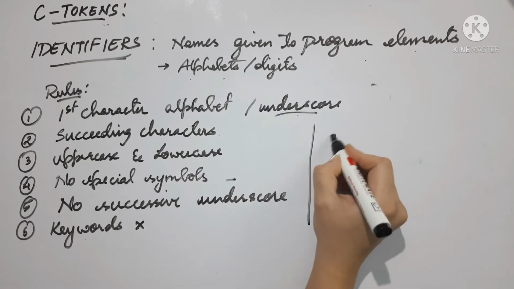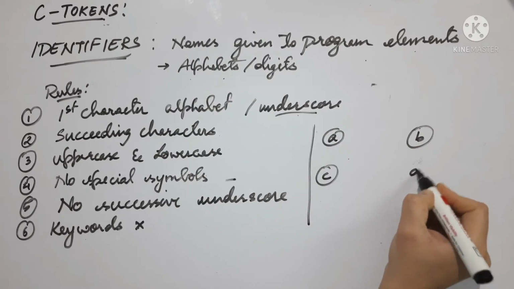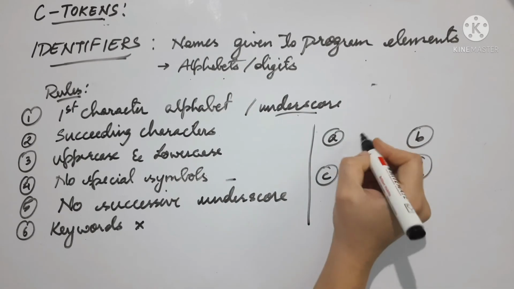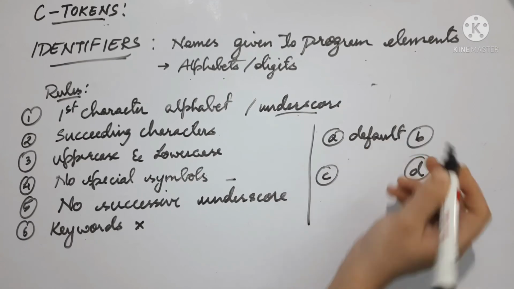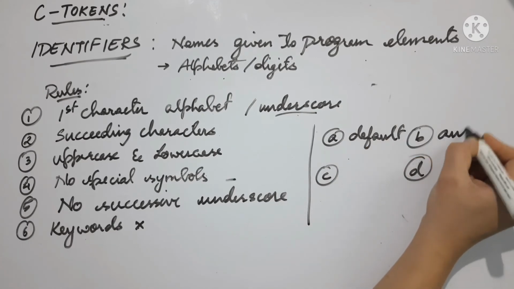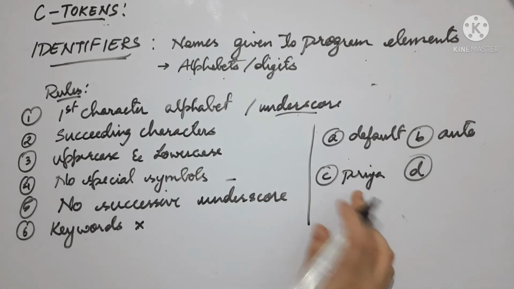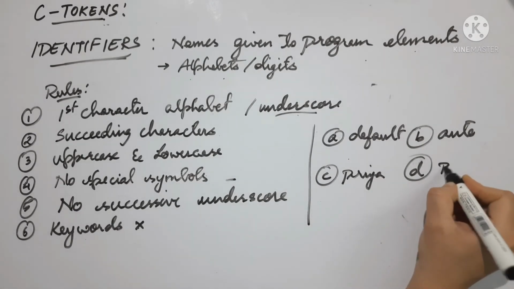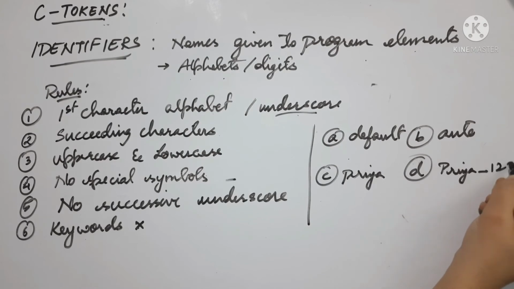Now, can you just tell me, within these 4 options, which are the keywords and which are the identifiers? First, default, auto, Priya, Priya123.